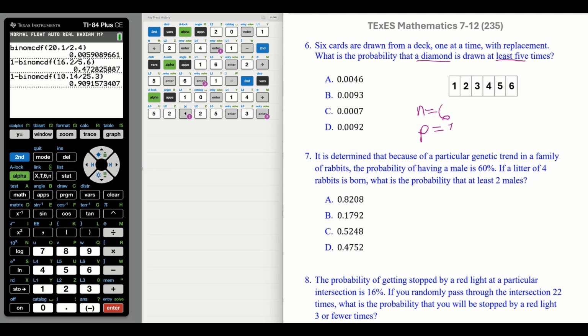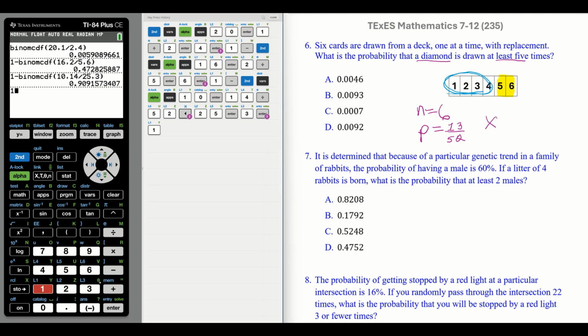So diamond, those are 13 out of 52. And we need to figure out what X is. What is X? Okay. At least 5, so that means we're going to include 5. And we're subtracting the CDF from 1 because we need to eliminate those lower values.